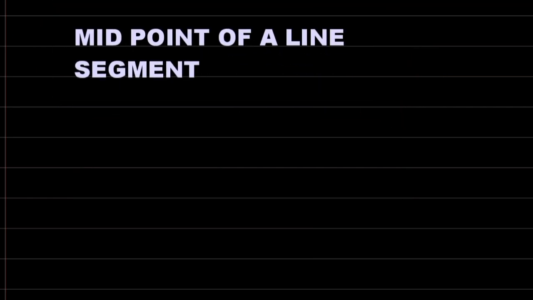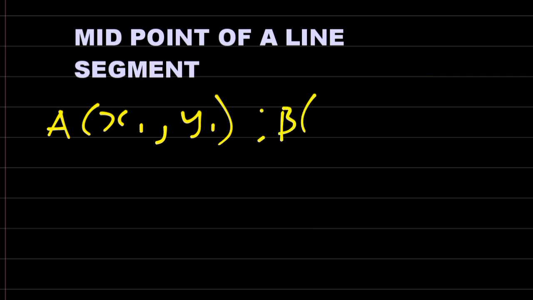Okay, the next thing we are going to be looking at now is the midpoint of a line segment. That is the midpoint between 2 points. Take for instance, we have a point A, it's x1, y1, and then point B is x2, y2. So what is the midpoint between point A and point B?